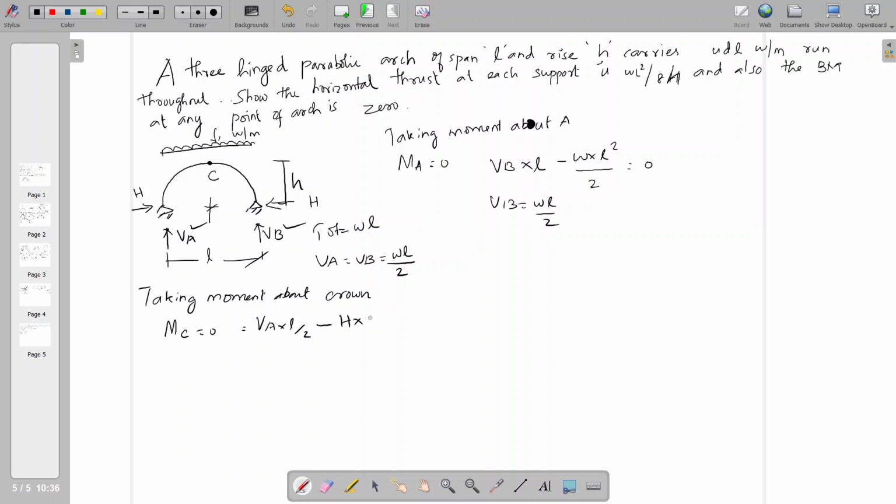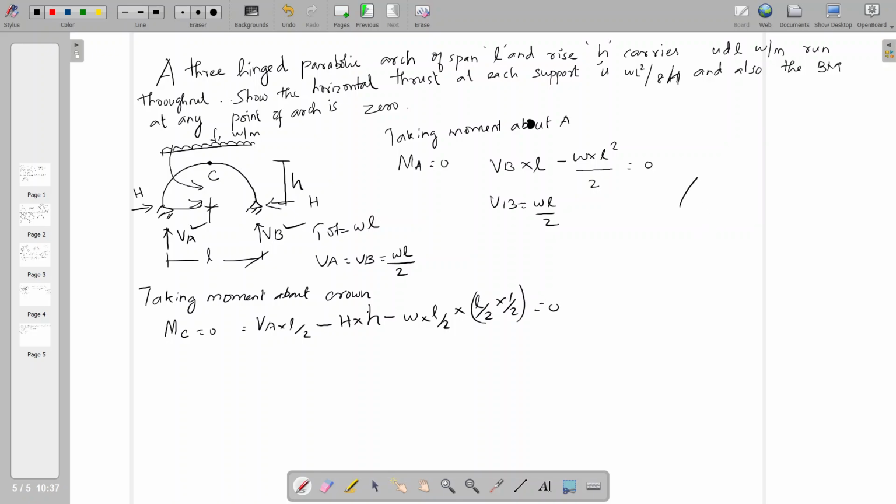Actually the rise distance is small h. So VA into L by 2 minus H into small h, and the load is also rotating in the same direction as H. So minus W into L by 2, the span, and L by 2 of half, that is half of the distance, equal to 0.